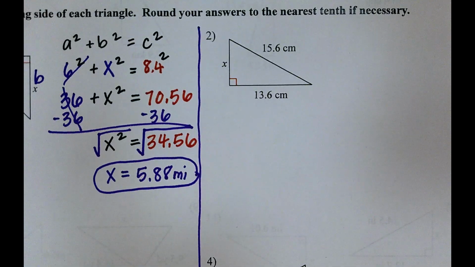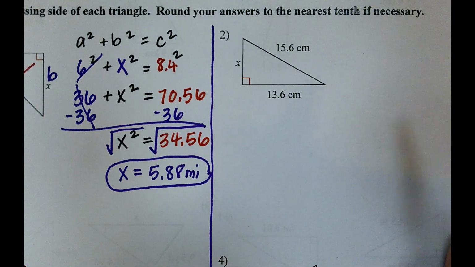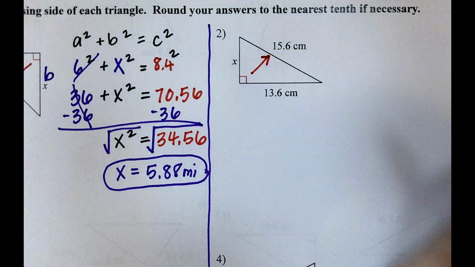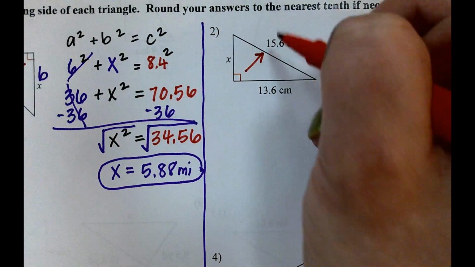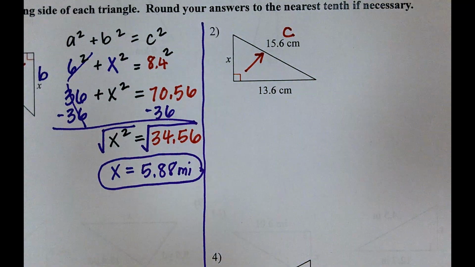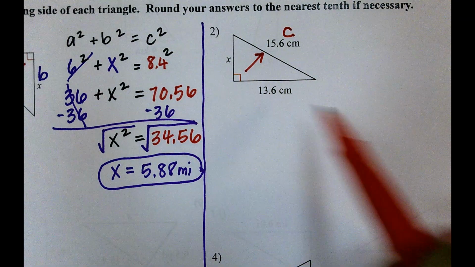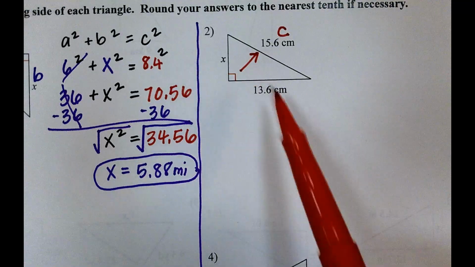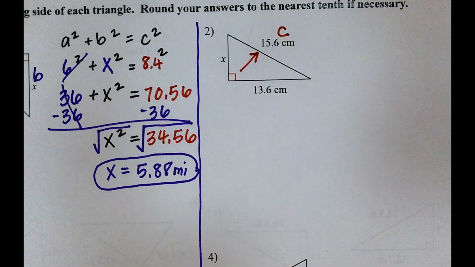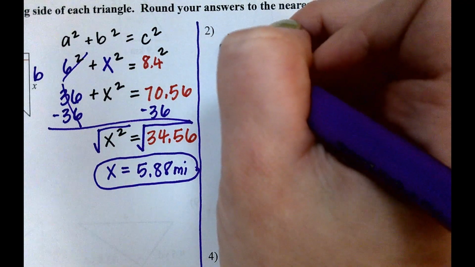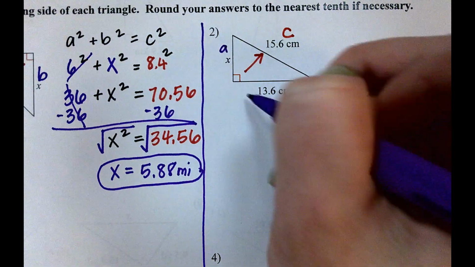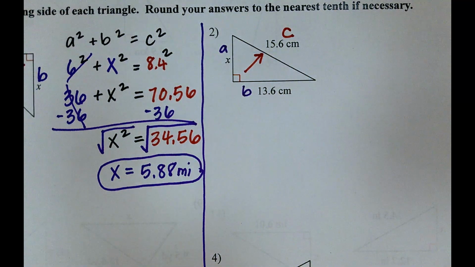So what would my hypotenuse be on number 2? 15.6. Perfect, that's our hypotenuse. So that's c, always. a and b don't matter as much, as long as they're the 2 shorter sides. So I'll make x my a. 13.6 will be b.